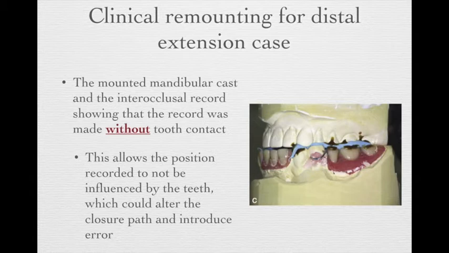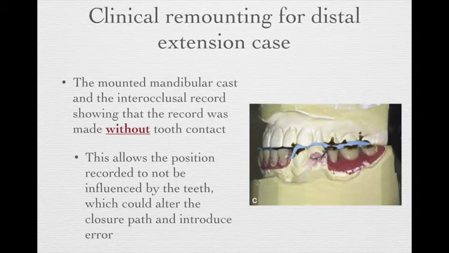When you make interocclusal records, the most important thing is to be sure the records are made without tooth contact. Because when there is tooth contact, the position record could be influenced by the teeth, which can change the closure path and introduce error. We should assume that you have some errors in your occlusal setting, which is why we need to use the articulator to adjust.